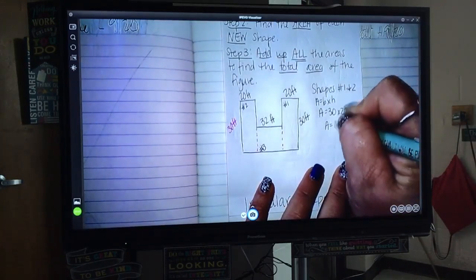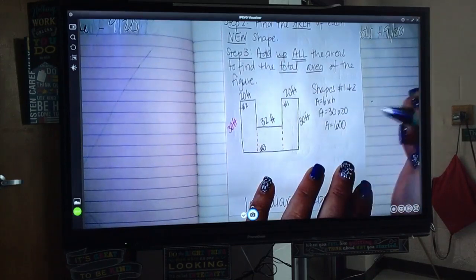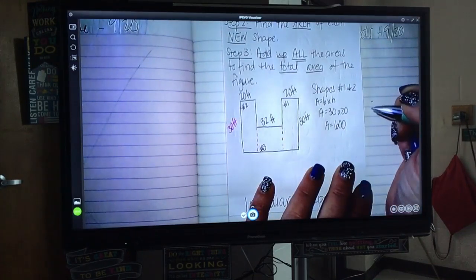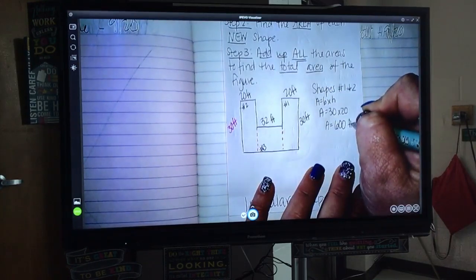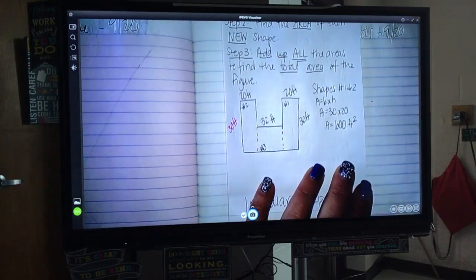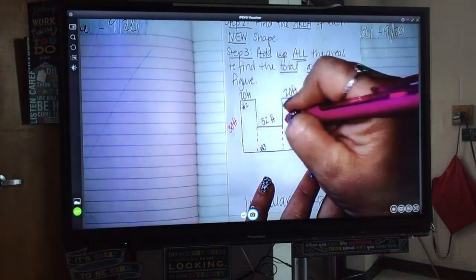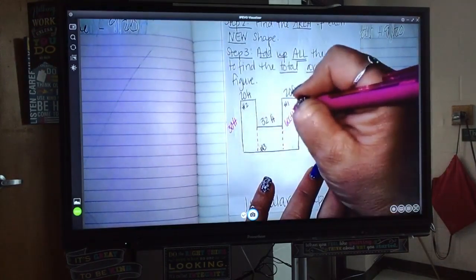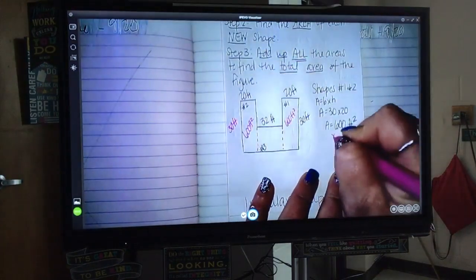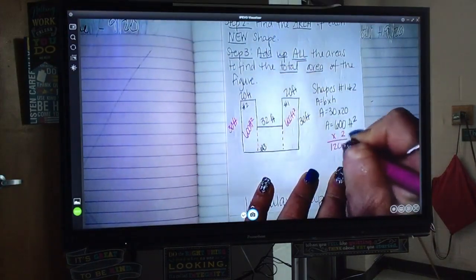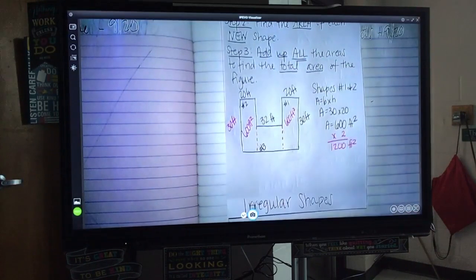Just 600? There's no unit. Oh yeah, feet squared. There we go. All right, so each one of these are 600 feet squared. So I'm gonna simply multiply this by 2 already, just so I know. That's one less thing I have to do later.